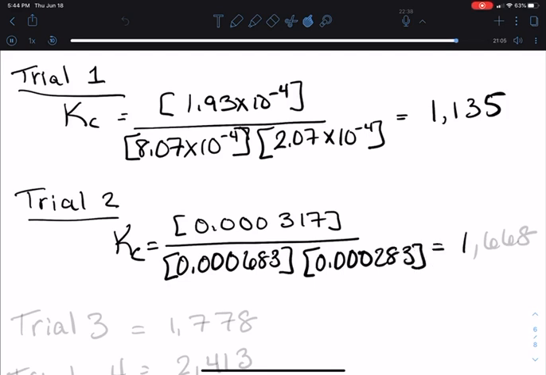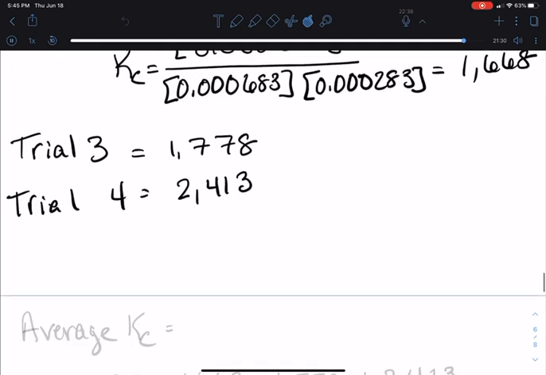And that's 1,668. And then I did the same for trial 3, which equaled 1,778. And then trial 4 was equal to 2,413. So I'm just going to get the average of all of those.